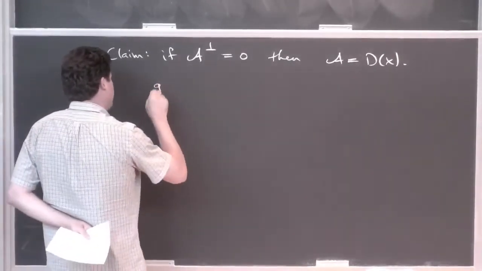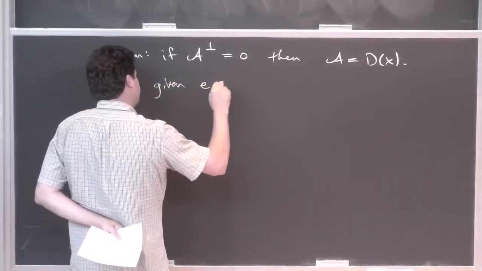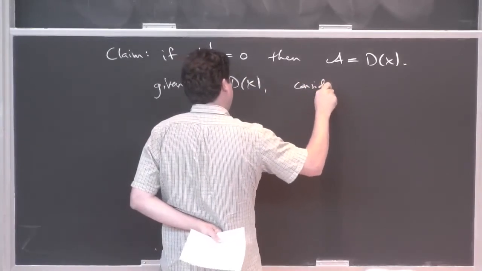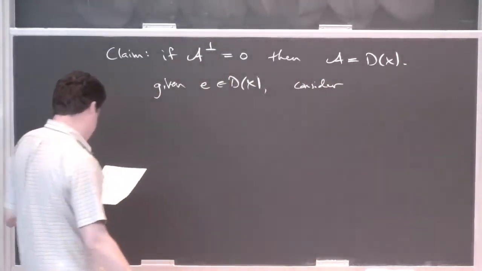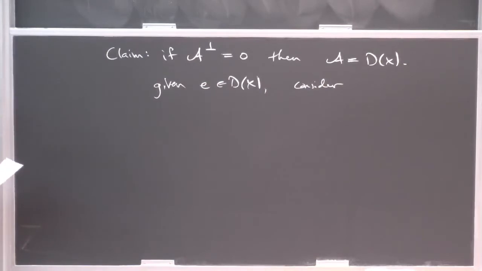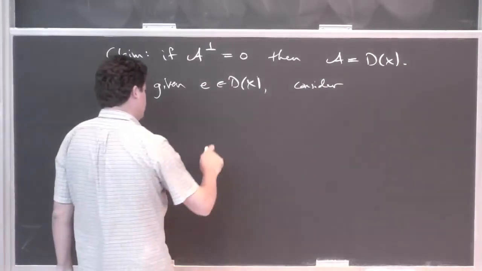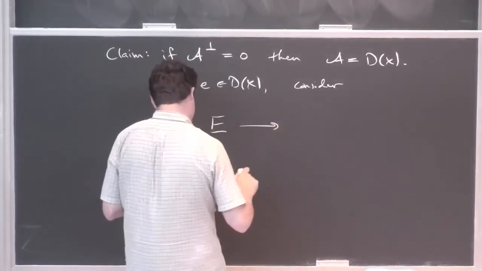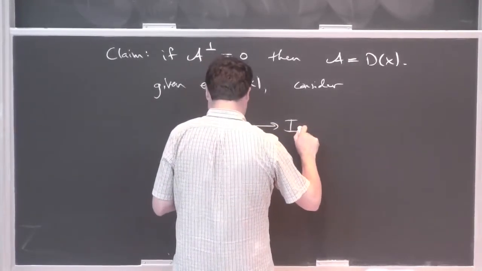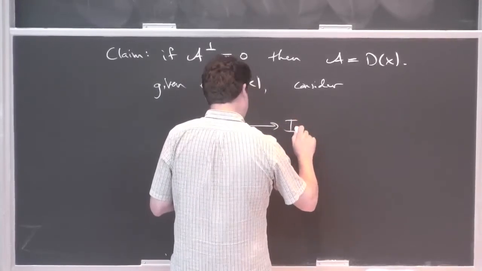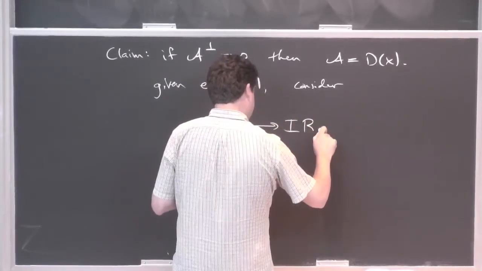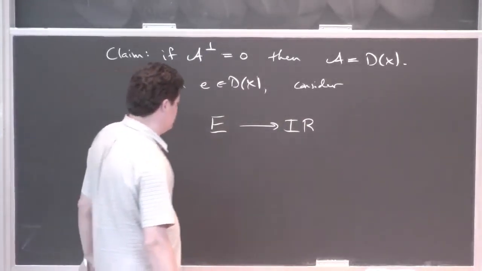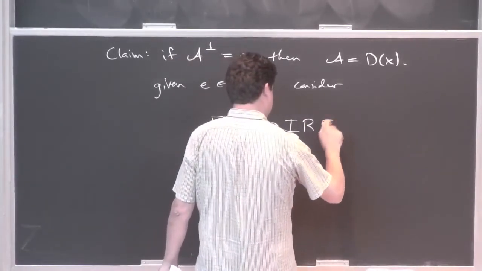So given some E in D of X, we consider the map from the unit of the adjunction gives us a map from E to I. Wait, have I got this backwards? To IR. Which way does the unit of the adjunction go?